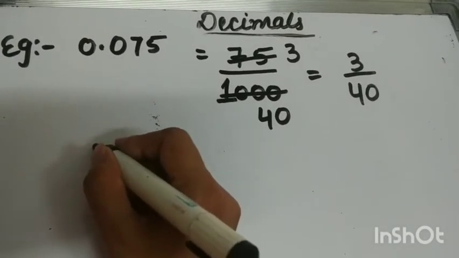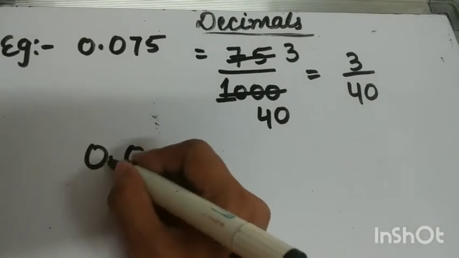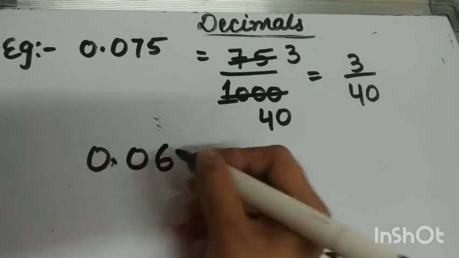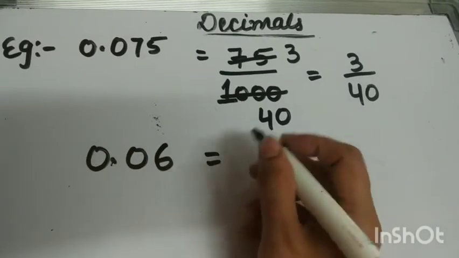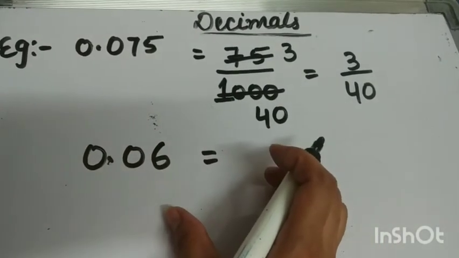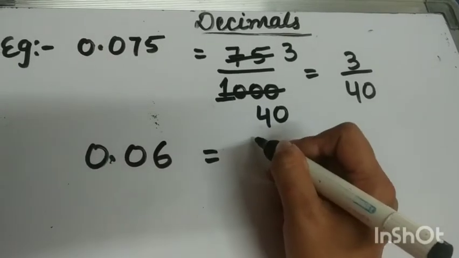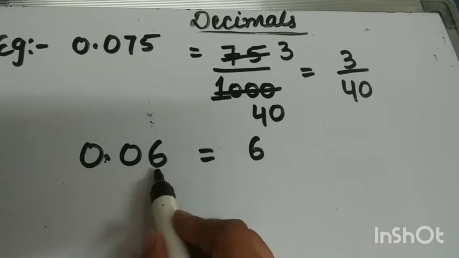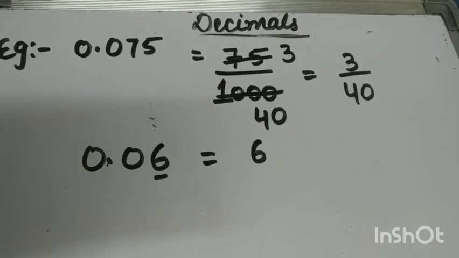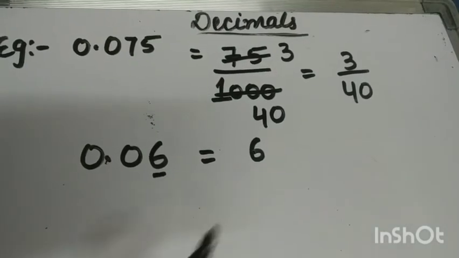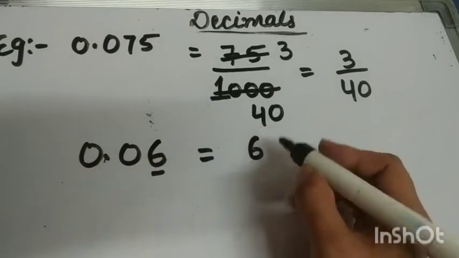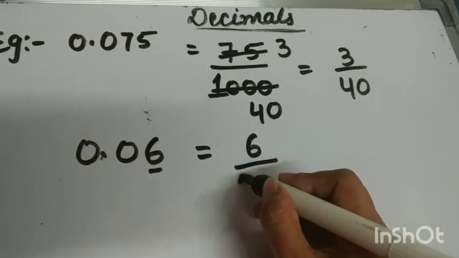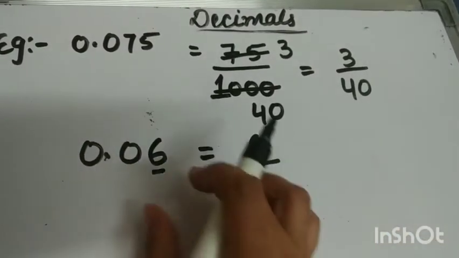Suppose we are having 0.06 and we have to convert it into fraction, and after that we have to convert it into simplest form. So write the numerator as the number without decimal. We remove the decimal and write only the number, and in the denominator we write 1 followed by as many zeros as there are decimal places.